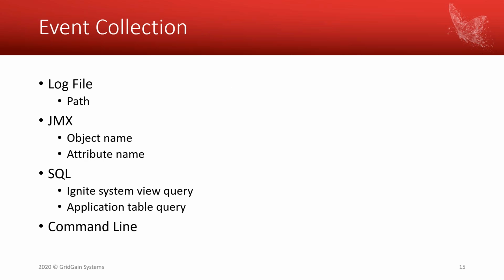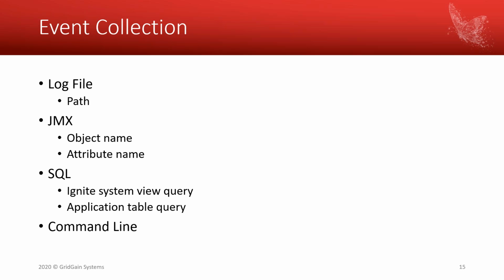Event collection. So in Ignite, we use three kinds of event collections. Log files. In this case, you specify a path to the log file. We use JMX. In this case, you specify object name, attribute name. We use SQL. There are some very useful Ignite system views that help you understand lots of details about your Ignite.